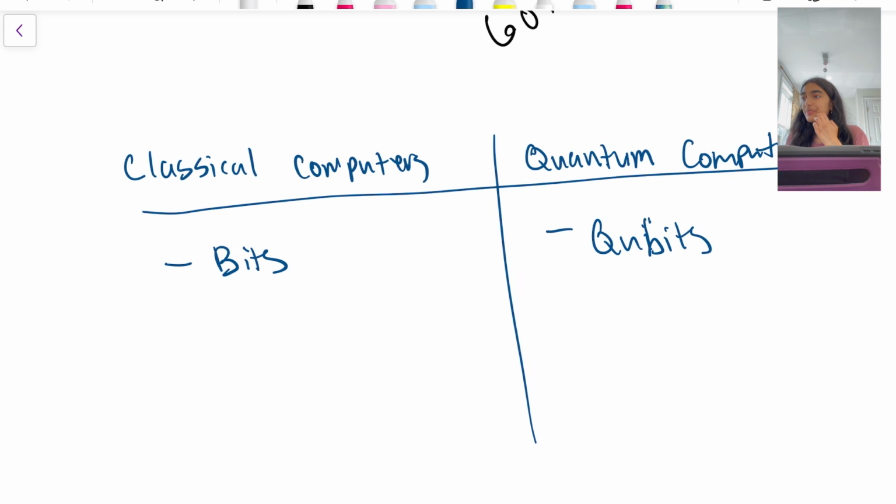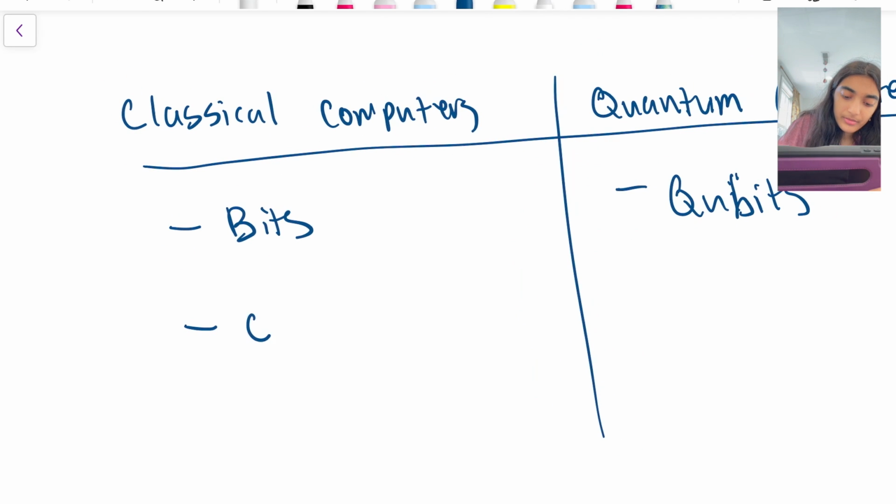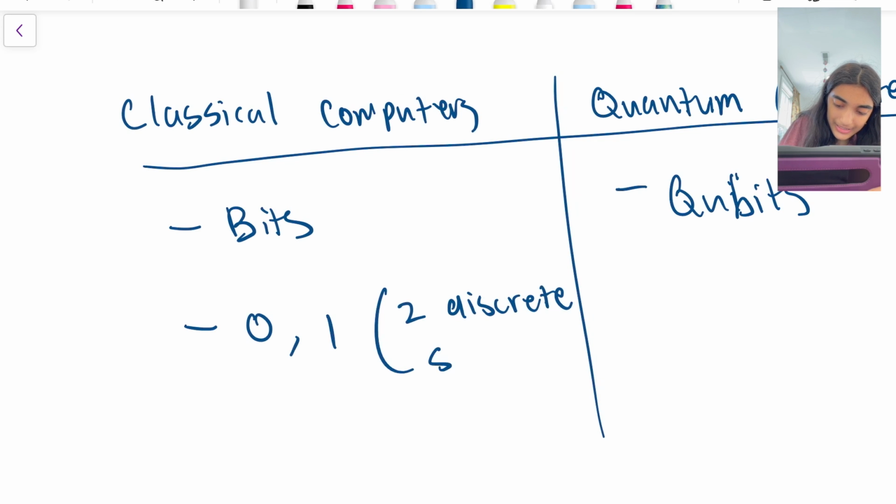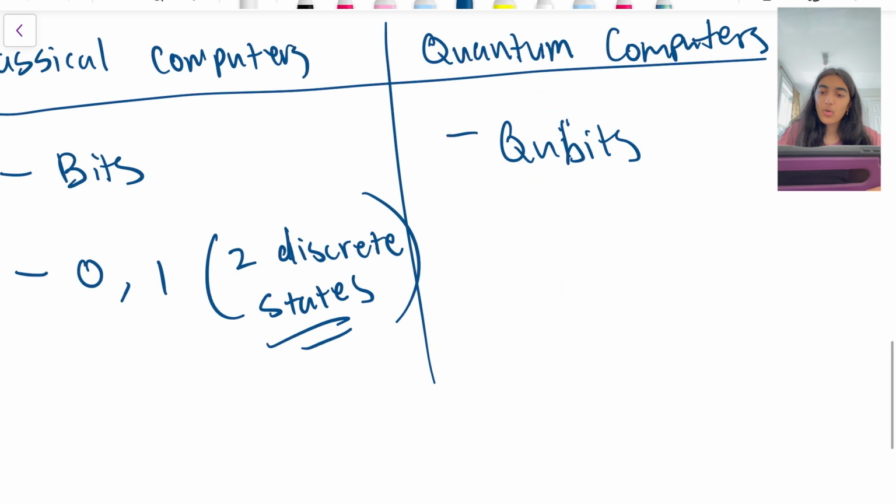Okay? 0 and 1 are what we call discrete states. Two discrete states. But in quantum computers, we don't have discrete states.